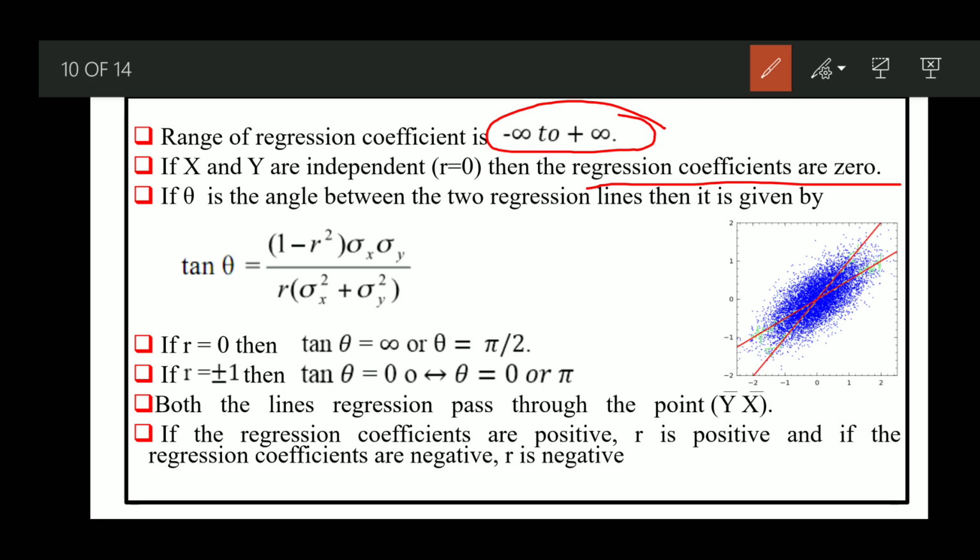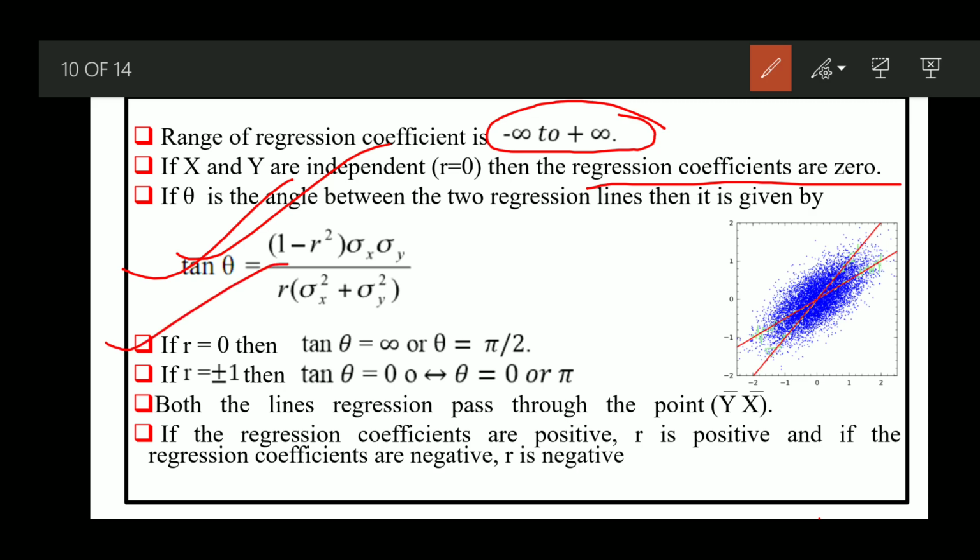Now, what is the angle between the two regression lines? This is the formula using which we can find the angle between the two regression lines.